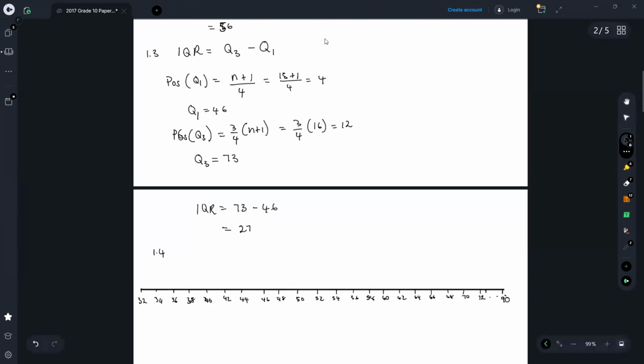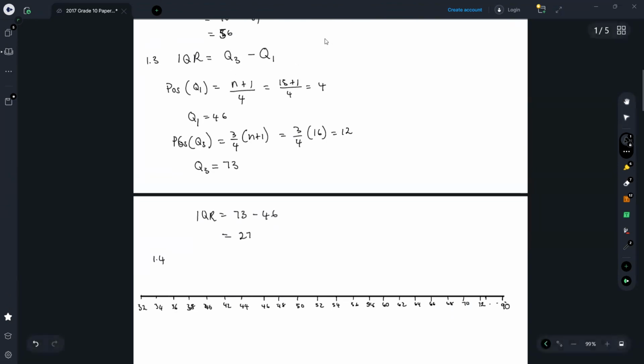So you can even choose a scale. So now I know that the minimum was 34. So I can have my line here. And I had my Q1 at 46, probably somewhere here.